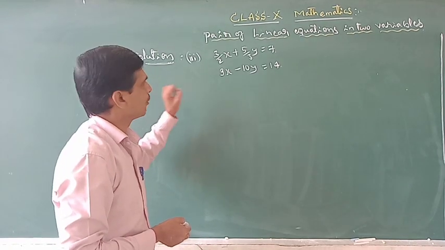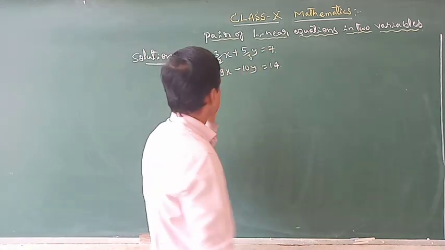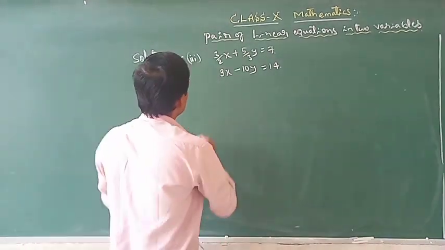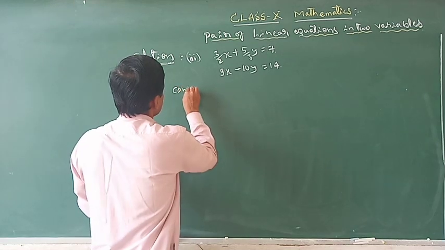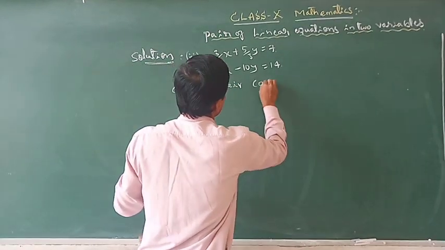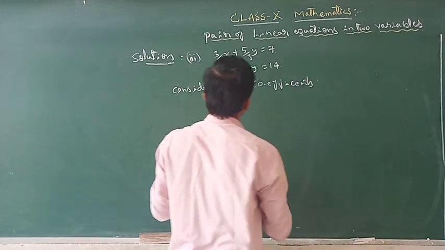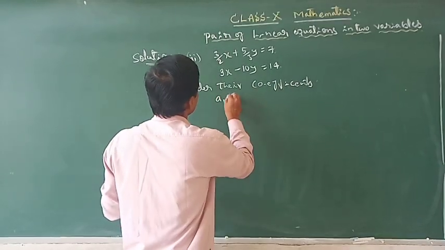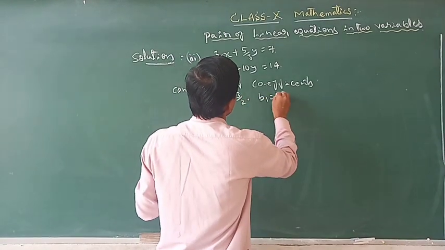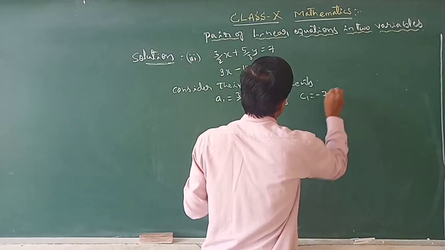Now consider the third one: 3 by 2 x plus 5 by 3 y is equal to 7, and 9x minus 10y is equal to 14. So consider their coefficients: a1 is 3 by 2, b1 is 5 by 3, and c1 is minus 7.